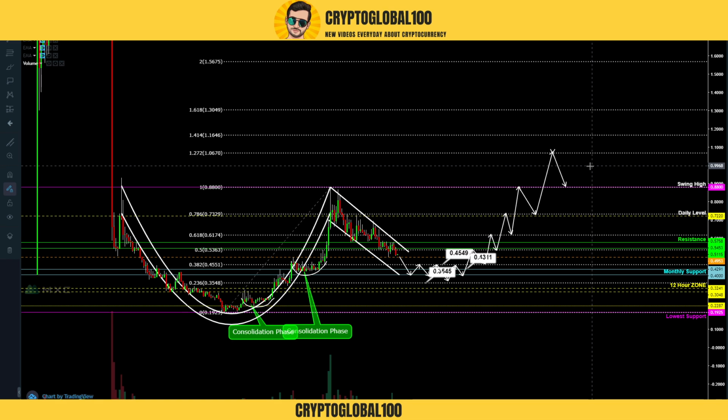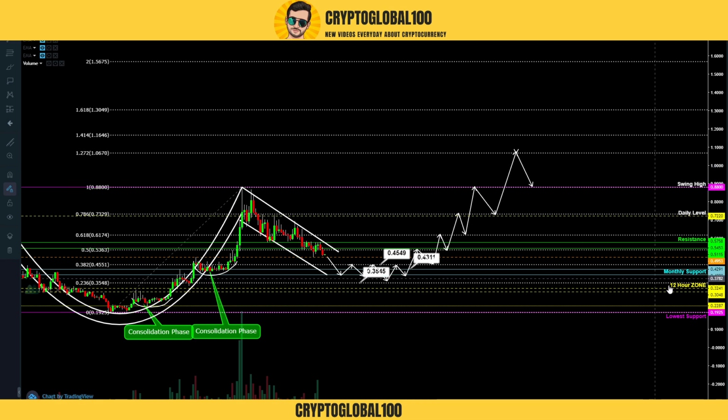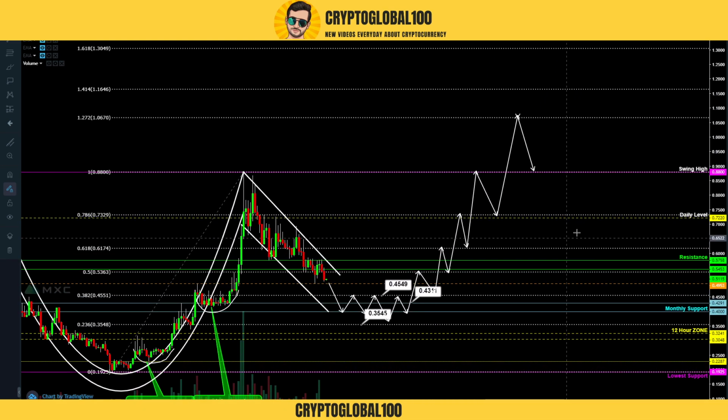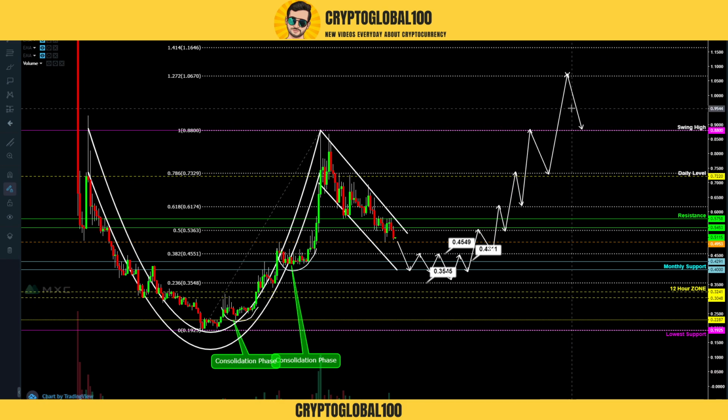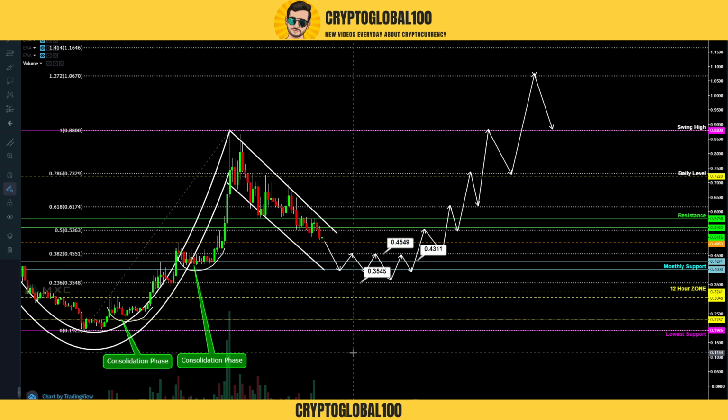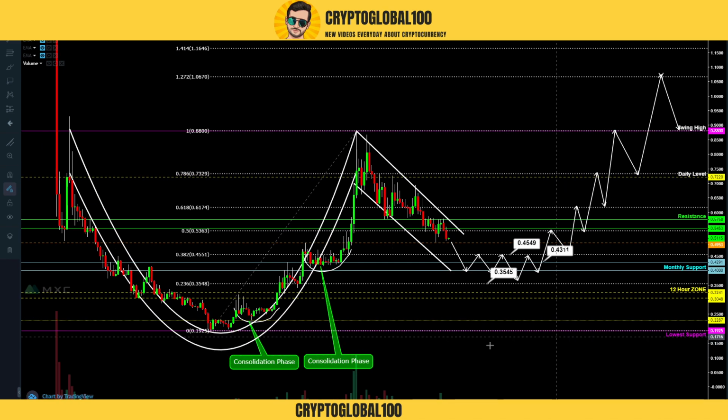So always make sure to watch out for this monthly support. If you want to take any screenshot, just pause the video and take a picture of this. These are the key levels, so you need to look for these levels.